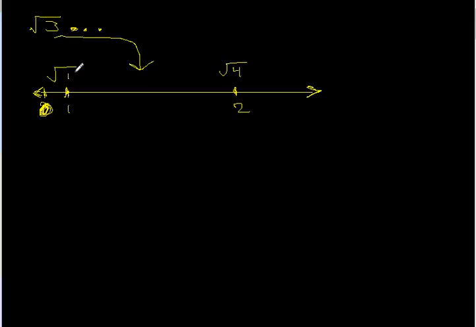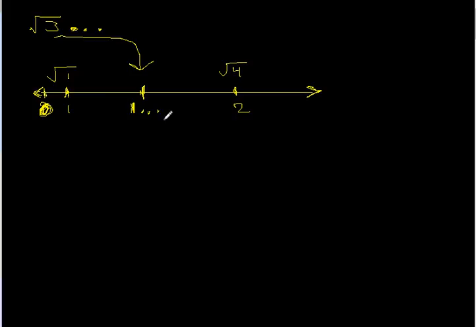So I know since the square root of 1 equals 1 and the square root of 4 equals 2, the square root of 3 cannot be a whole number because it's not a perfect square. Therefore, it's got a decimal. It's got to be something 1 point something something something.